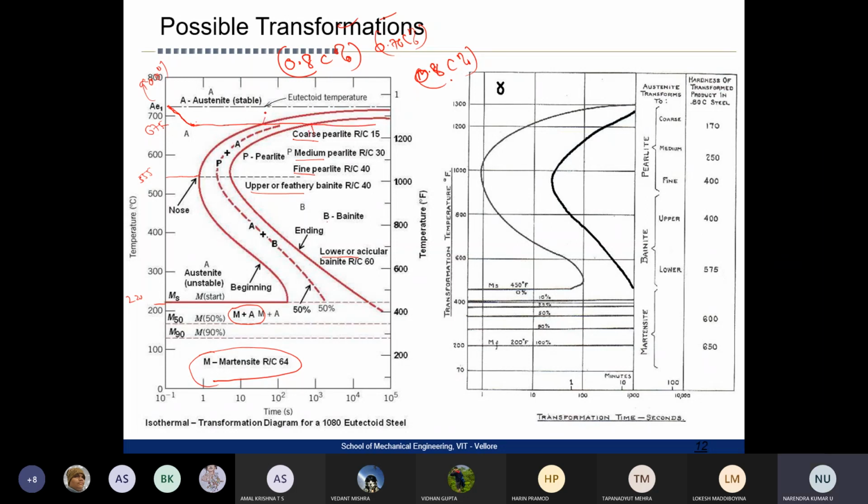So this is 0%. At this point, the transformation is started, and at this point, the transformation is finished. Although the sample is at 675, my complete transformation from austenite to coarse perlite is already done. It's only after that, it's only cooling to room temperature.